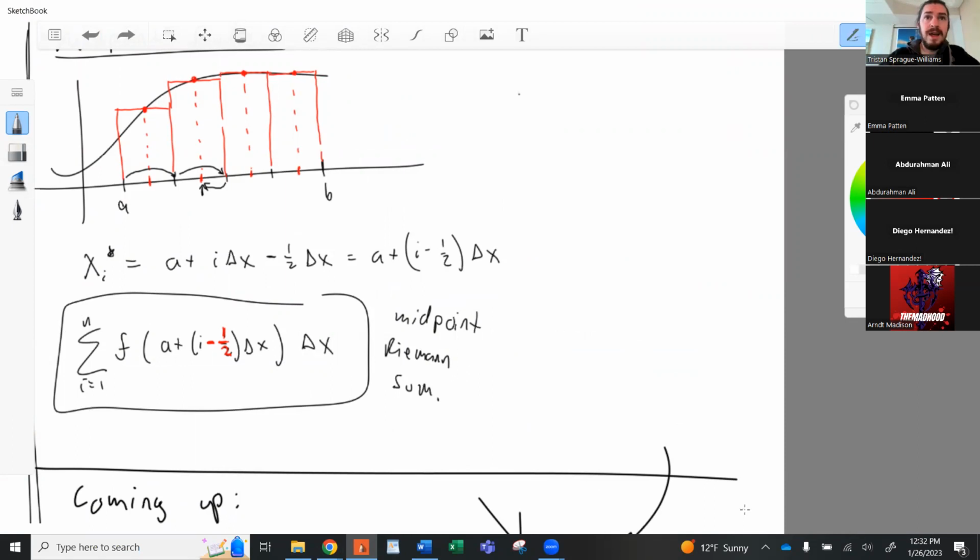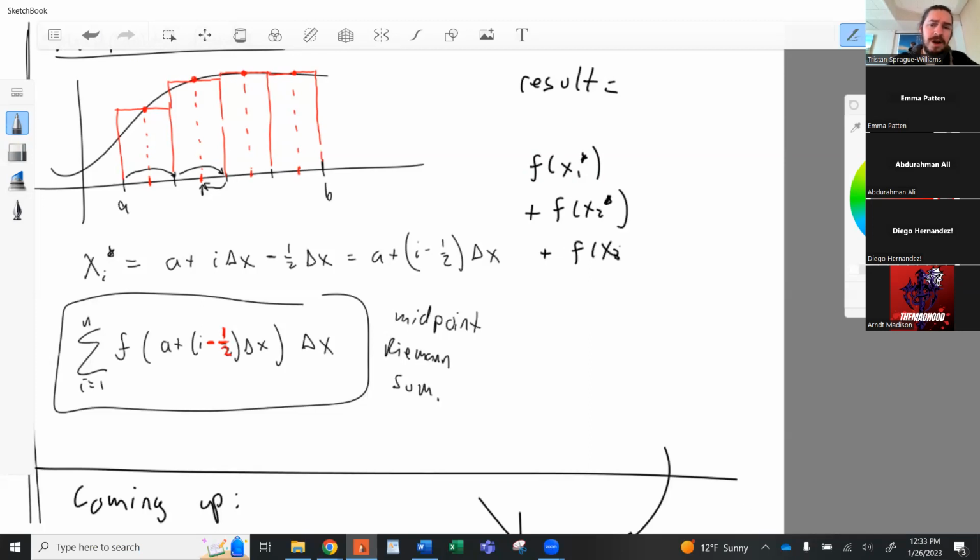we're going to keep a running value of the result. We're going to keep a running sum. We're going to do f of x1 star, and then we're going to add f of x2 star, and then we're going to add f of x3 star, and carry on like that, just adding up.